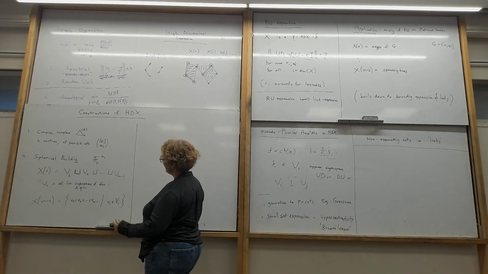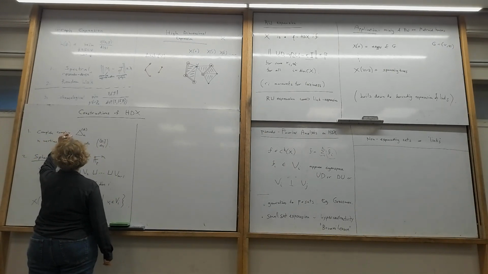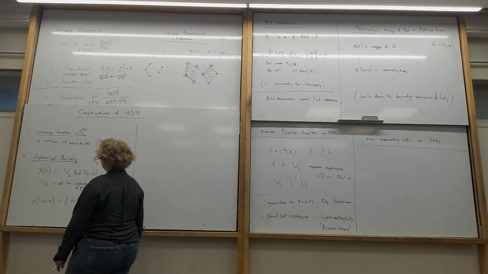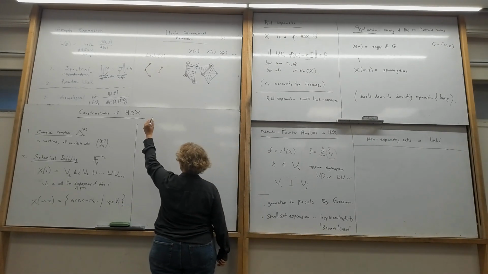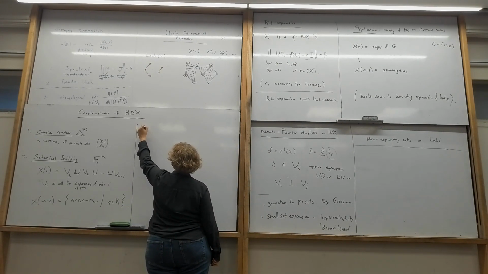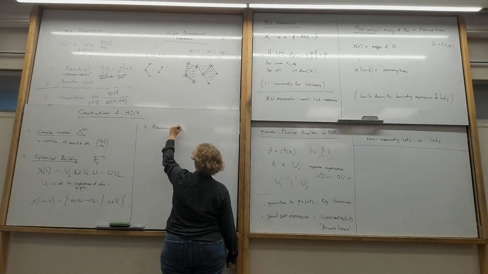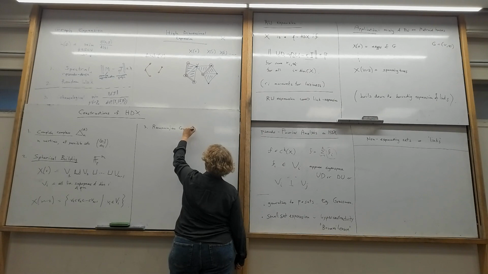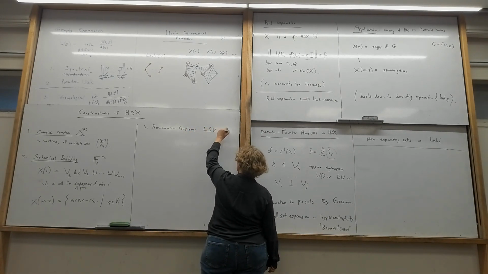And one of the reasons to care about this example is because the first and most famous high-dimensional expanders are the Ramanujan expanders, constructed by Lubotzky, Samuels, and Vishne, and by others.